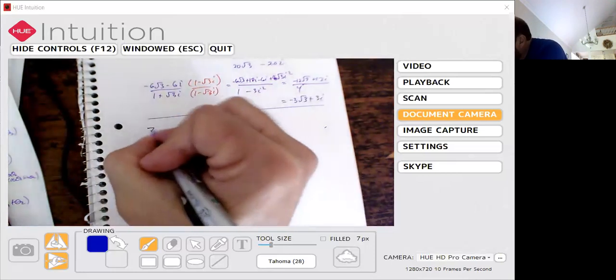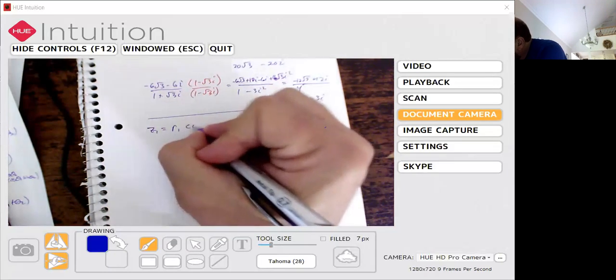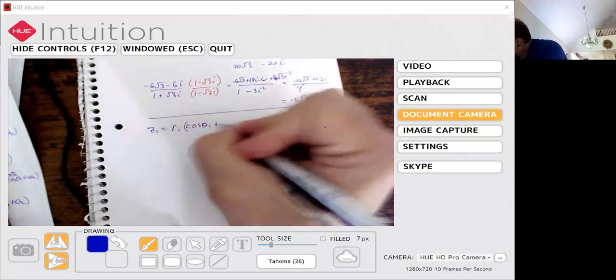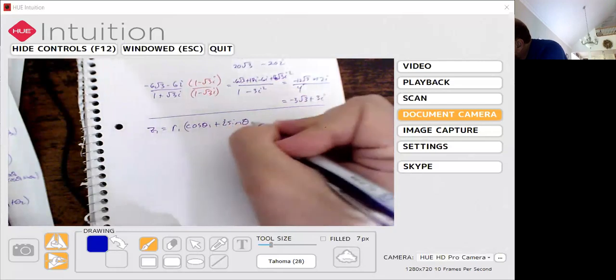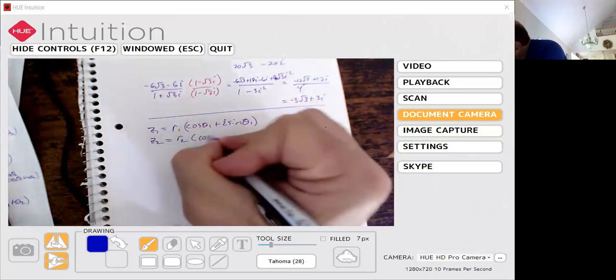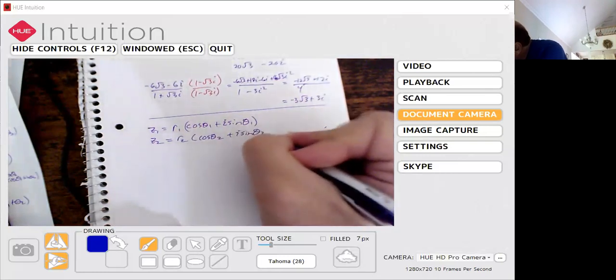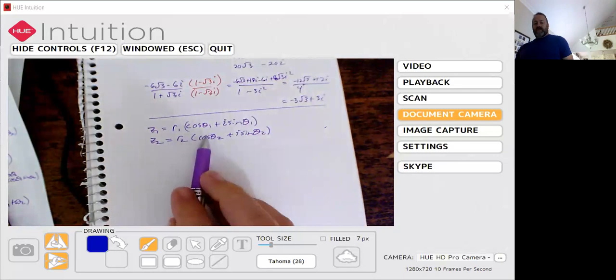So imagine that Z1 is R1 cosine theta 1 plus i sine theta 1, and Z2 is R2 cosine theta 2 plus i sine theta 2. Now notice that is that trigonometric form that I mentioned in the previous video.